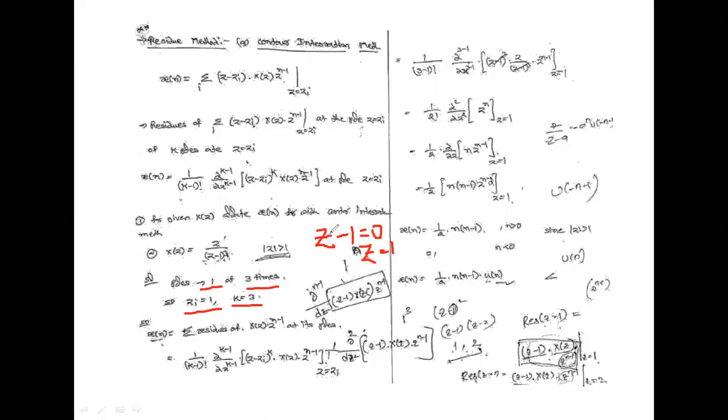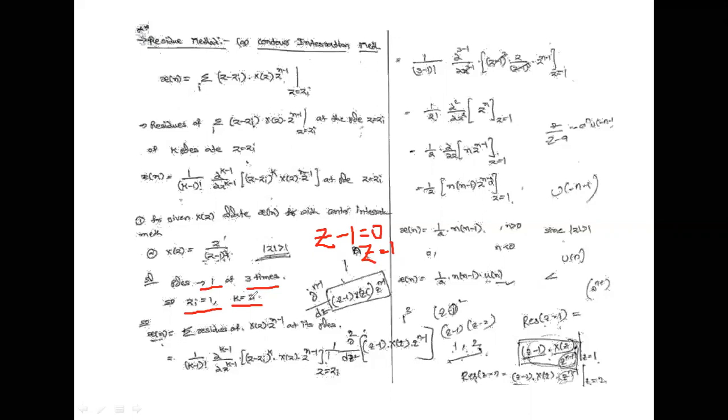To get x of n by using the residue method, you use the formula: 1 by (k minus 1) factorial, where k is the order, times dou power k minus 1 by dou z power k minus 1, of (z minus zi) whole power k, x of z, z power n minus 1, where z is equal to zi.